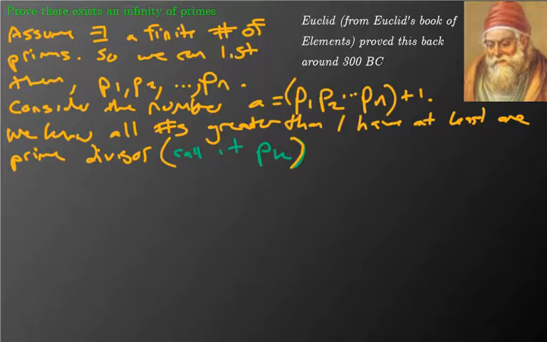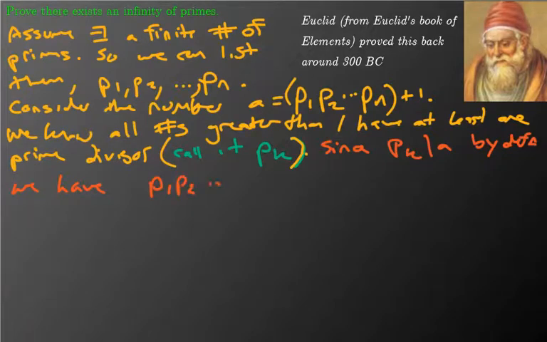Okay, so now we know that P sub k basically divides A. I'm just going to say something like, since P sub k divides A, by definition, we have that P1, P2, ... this product of primes, and then we've got somewhere in there pk minus 1, pk plus 1, ... pn, right?